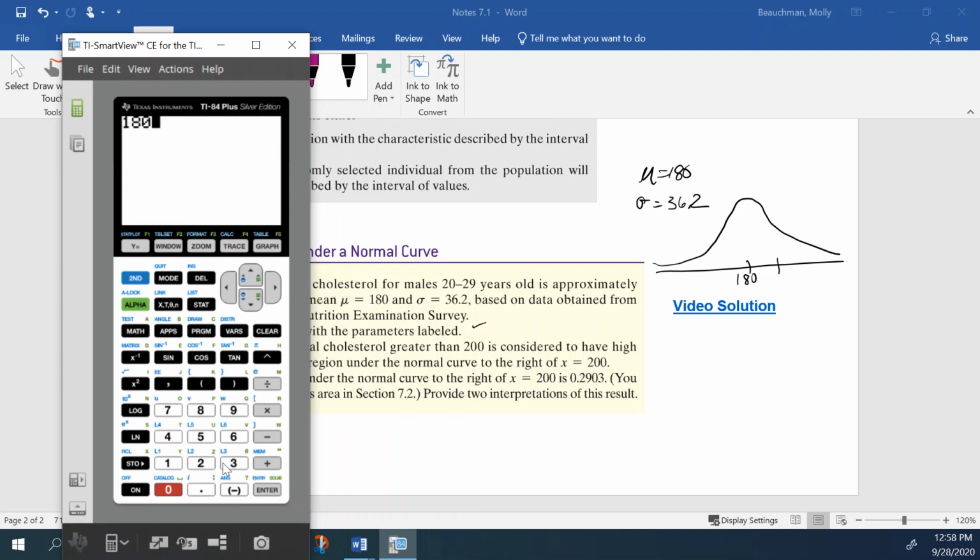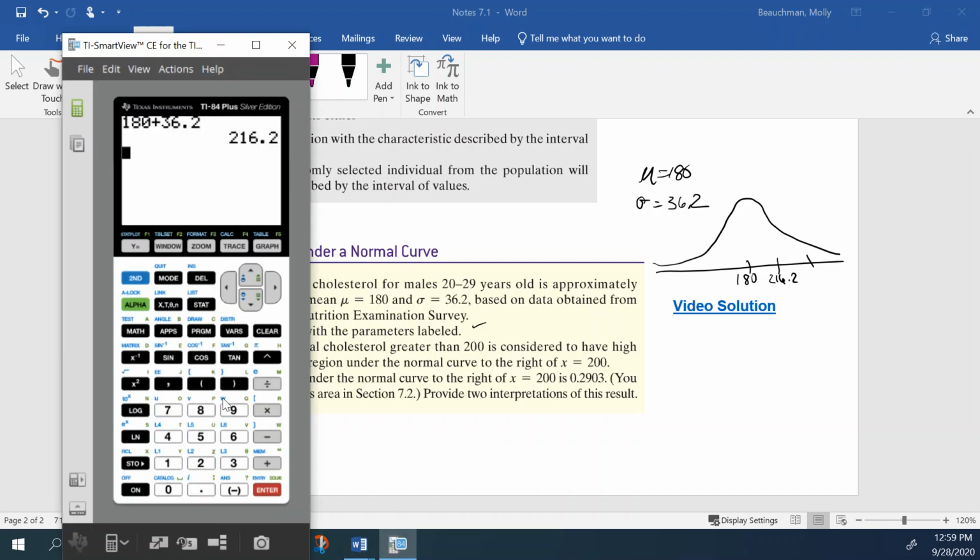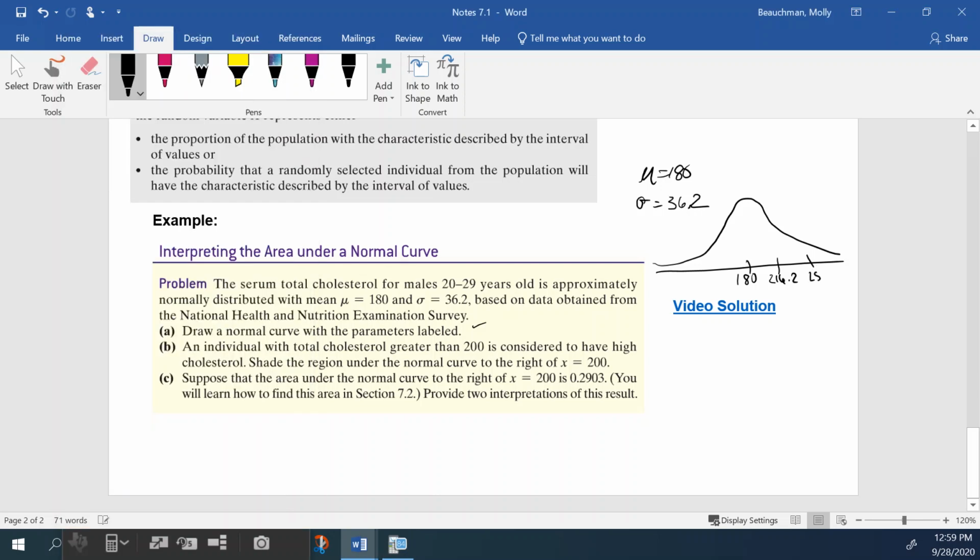If we want to find the label to the right, we add the standard deviation, 36.2. 216.2 would be 1 standard deviation. Add another 36.2. We end up with 252.4. We could keep going further. You usually go 2 or 3.